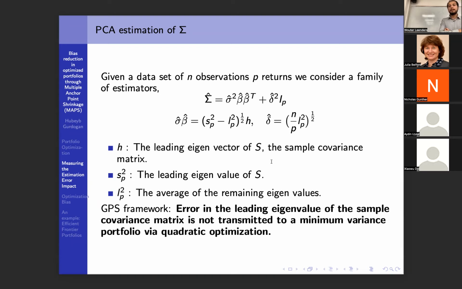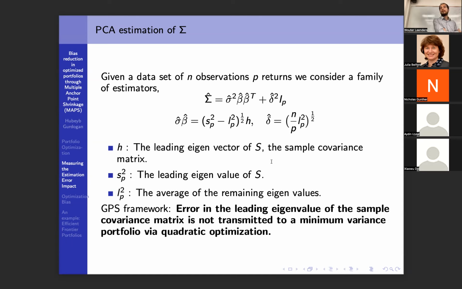All right. So let me reiterate. Dr. Anderson is asking if errors in the leading eigenvalue are not affecting the composition of the minimum variance portfolio, or are not affecting the volatility of the minimum variance portfolio?